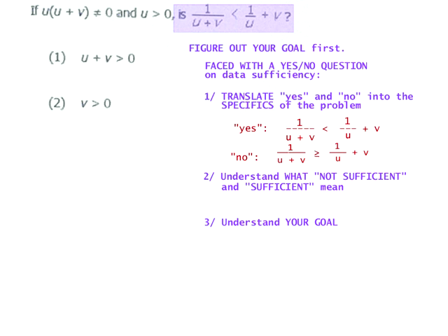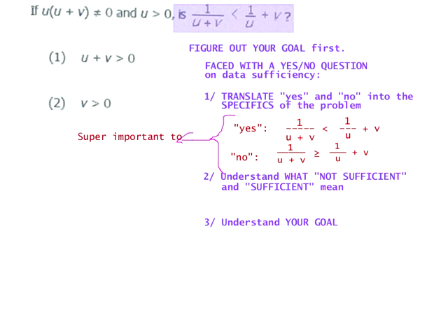This is a crucial step. The reason a lot of people find this stuff hard is because they're still thinking in terms of the word yes and the word no. And it's really important not to think in those terms, because yes and no are not mathematical concepts. You can't do math in a problem and get the word yes or no out of it.